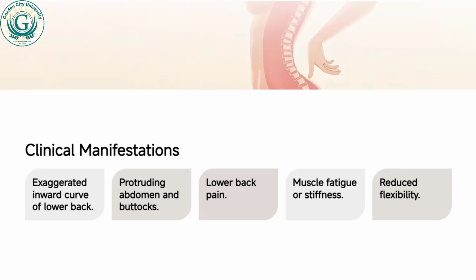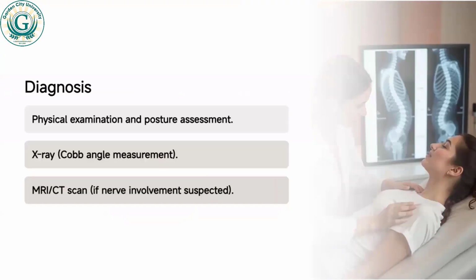Lower back pain, because it affects the lumbar region, you have a severe lower back pain. You can have stiffness or muscle fatigue due to muscle weakness. Reduced flexibility: when there's an excessive inward curve, the body, the muscles, or the spine will not be flexible again. The diagnosis is the same thing.